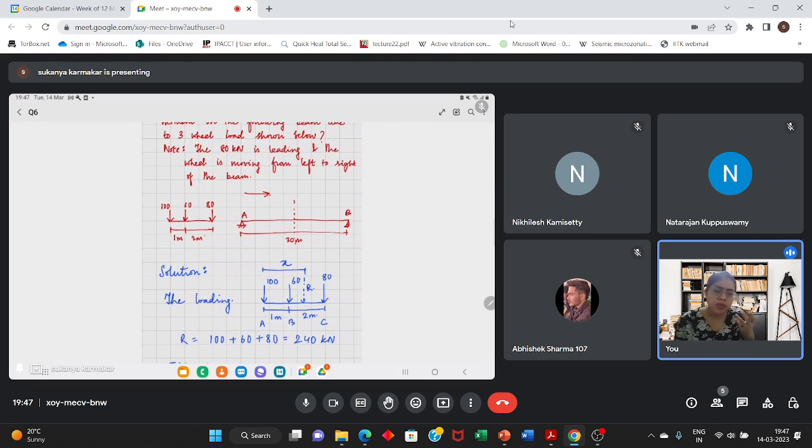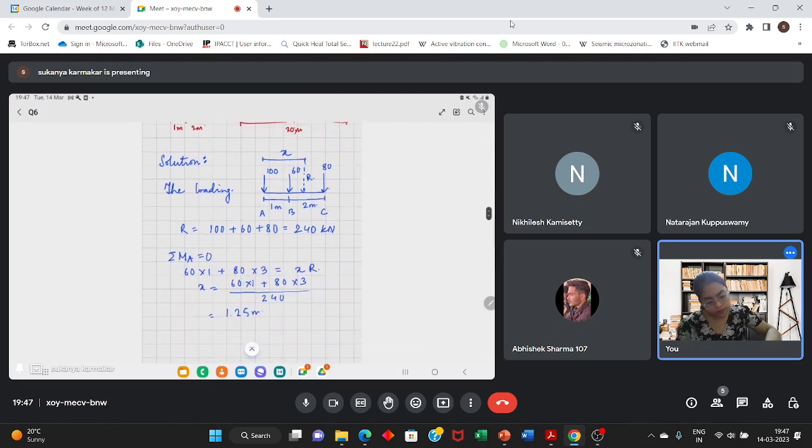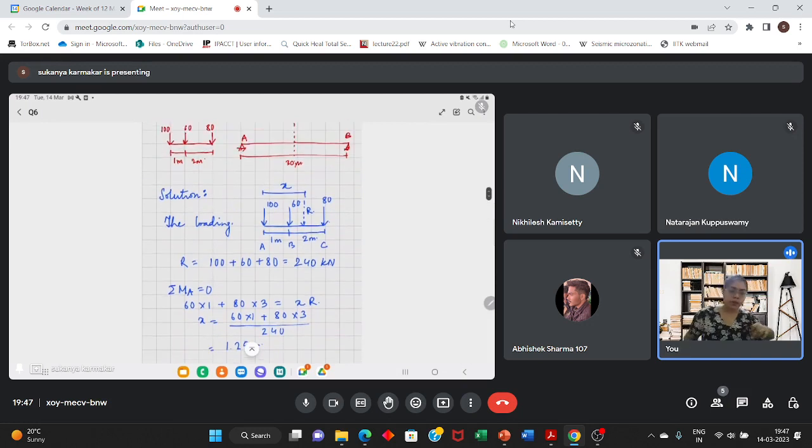Either you can use this technique of calculating the resultant, or, no, you will have to use the same technique. There is no other way.